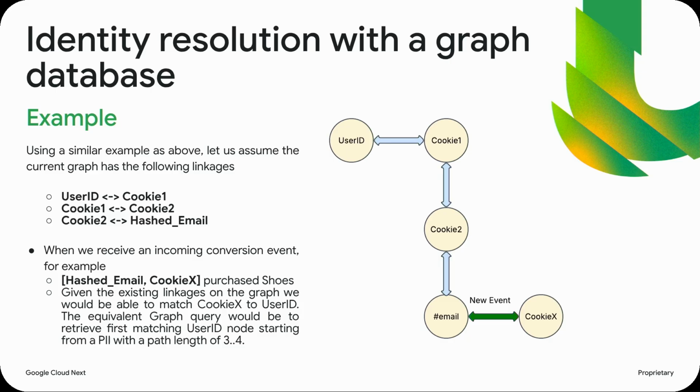So given the existing linkages in the graph, we are able to match cookie X with user ID, as you can see. The graph query would look like this. Retrieve the first matching user ID starting from cookie X, or this node, with a max path length of 3 to 4.